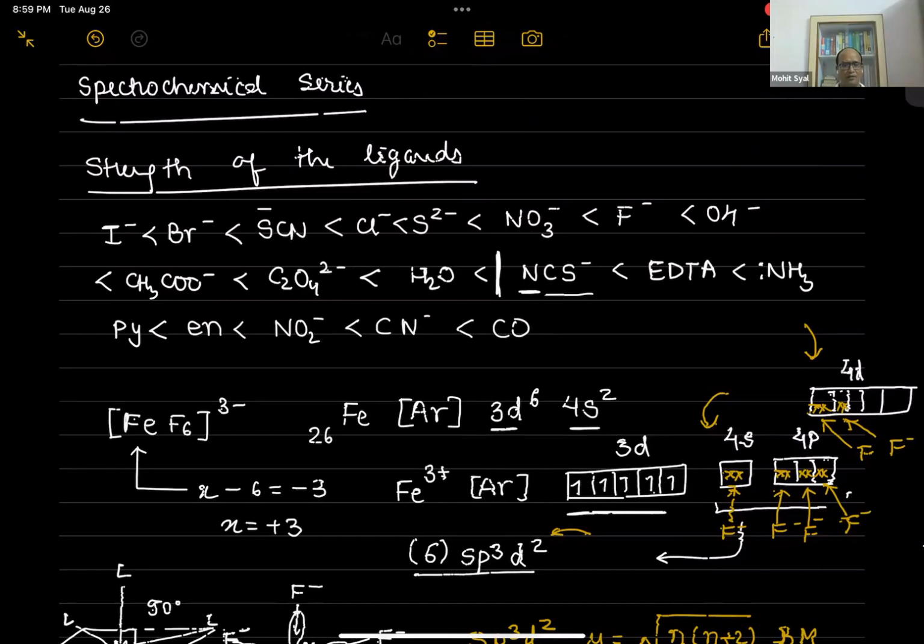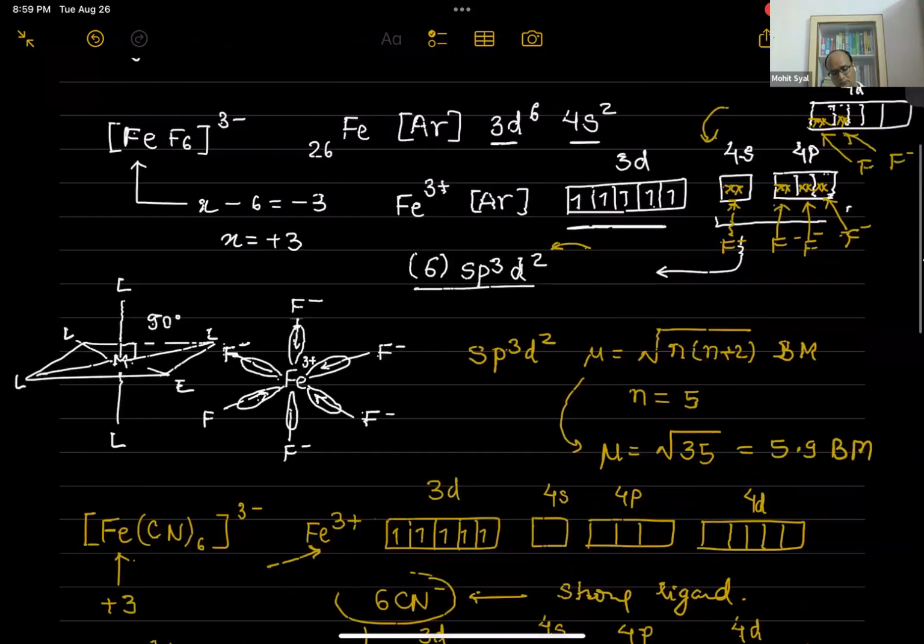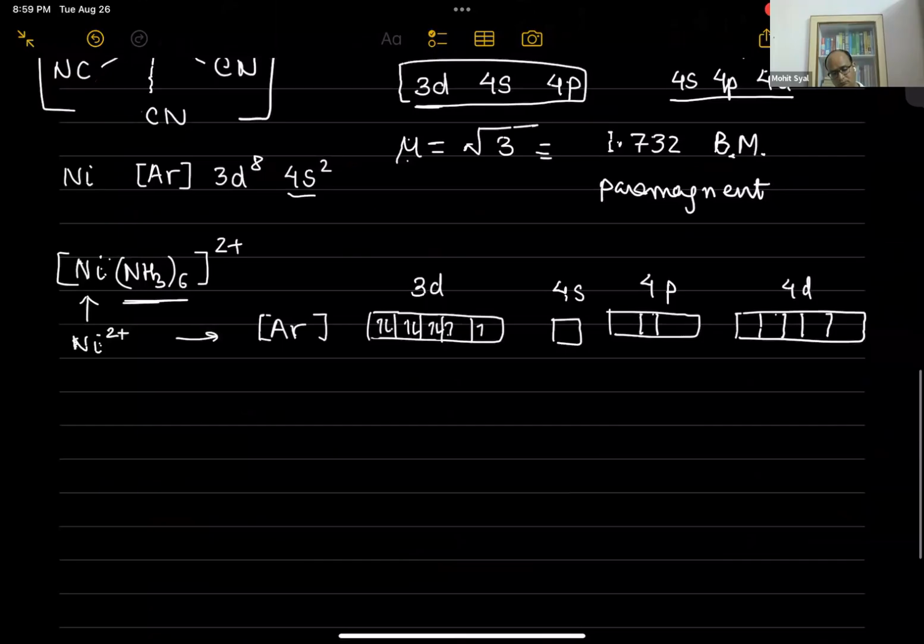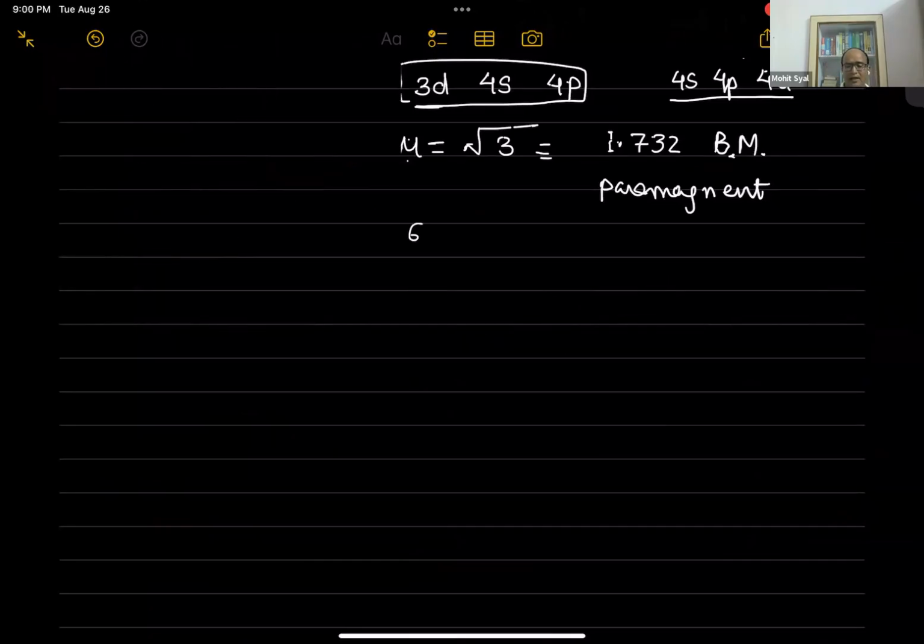Pyridine, ethylenediamine, NO2, all of them are strong. So we have 6 NH3 as strong ligands.